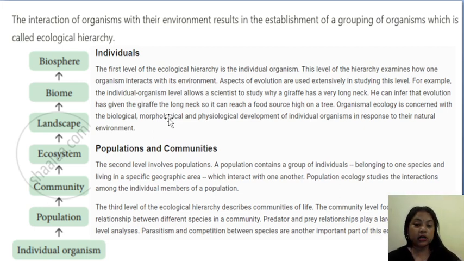And population and communities. The next level is your population. The second level involves population, and a population contains a group of individuals belonging to one species and living in a specific geographic area which interact with one another. Okay, and population ecology studies the interactions among the individual members of a population.